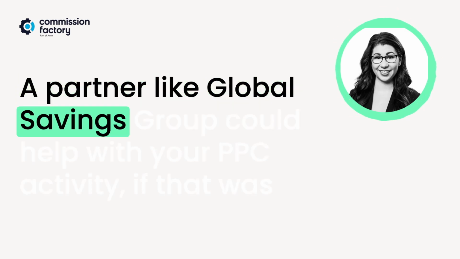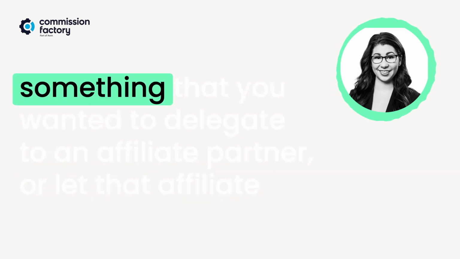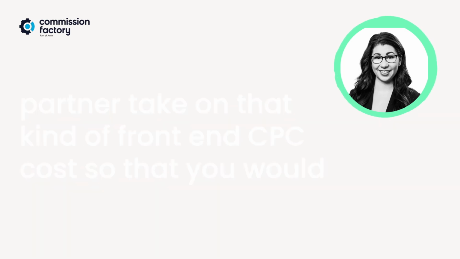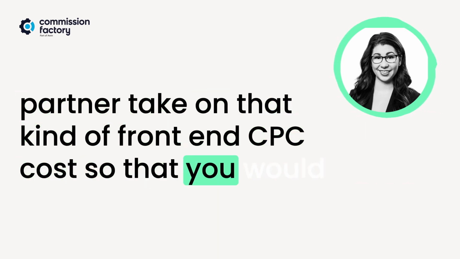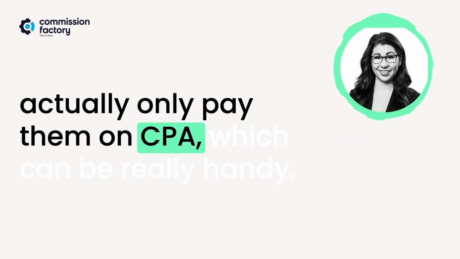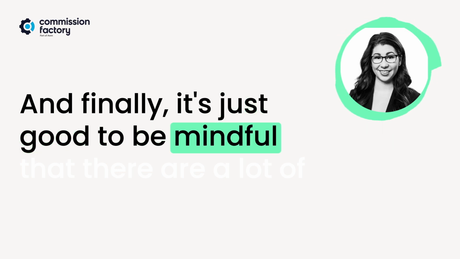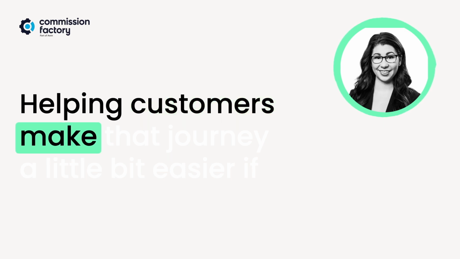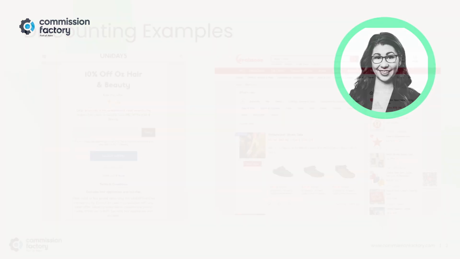A partner like Global Savings Group could help with your PPC activity if that was something that you wanted to delegate to an affiliate partner, or let that affiliate partner take on that kind of front-end CPC cost so that you would actually only pay them on a CPA, which can be really handy. And finally, it's just good to be mindful that there are a lot of browser extensions in this space as well, helping customers make that journey a little bit easier if they already know they're going to want a coupon.